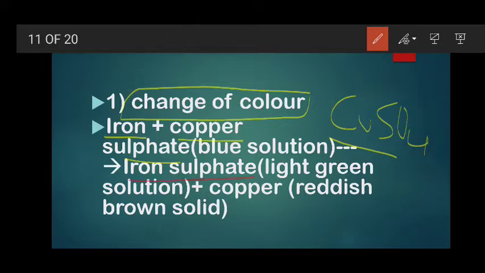And also a red substance, copper, is formed. The color of copper is red. Clear? So here the color of the reactants changes, and in the product also the color is different from the reactants.